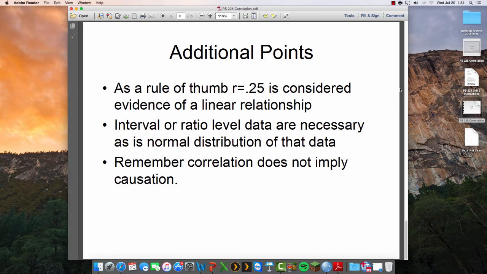Feel free to mess about with them in any way you like. A last note, it's important to remember that correlation does not imply causation. Just because two things have a relationship and go together doesn't mean one is causing the other. They just may go hand in hand.